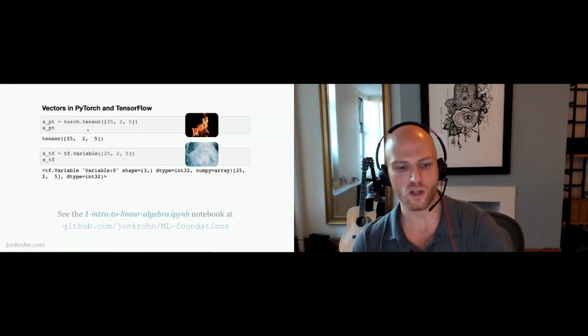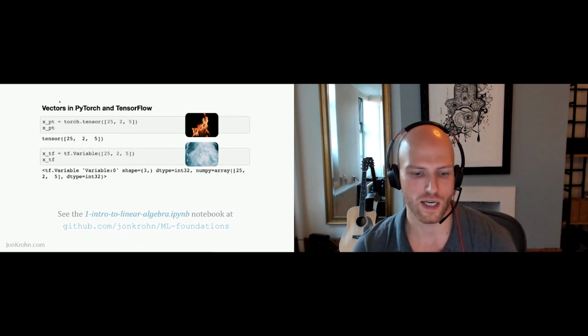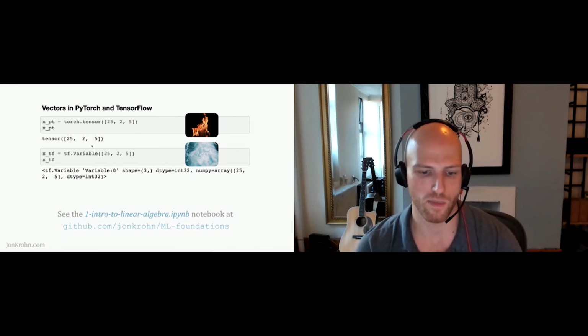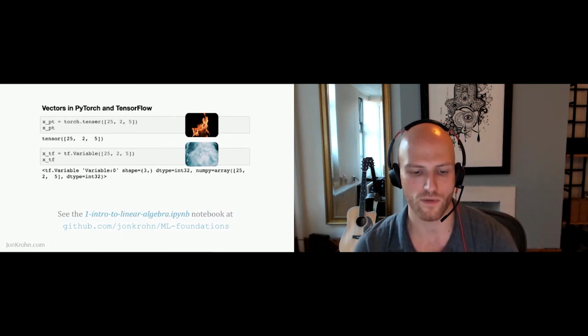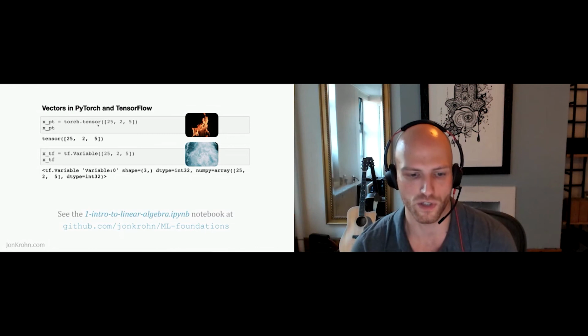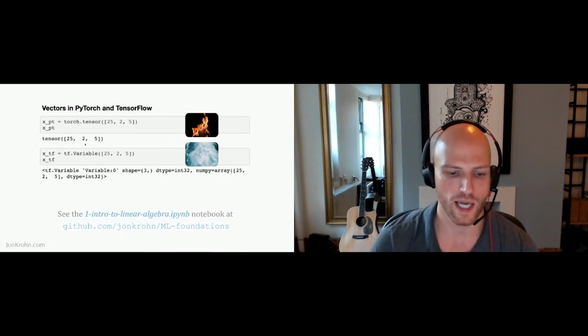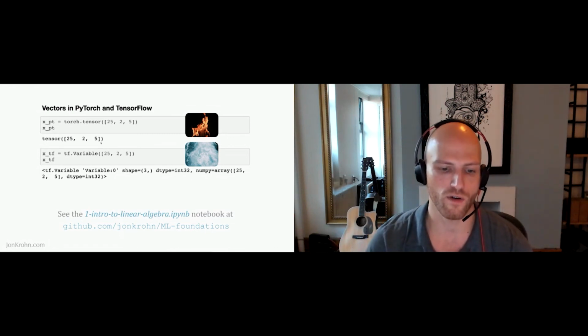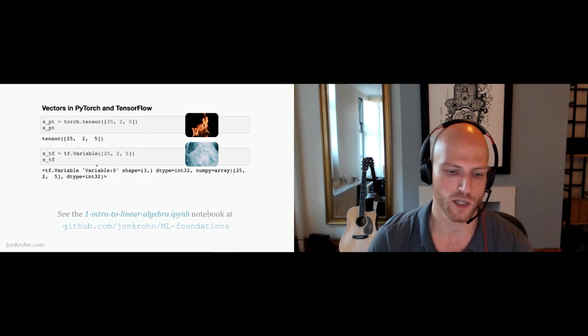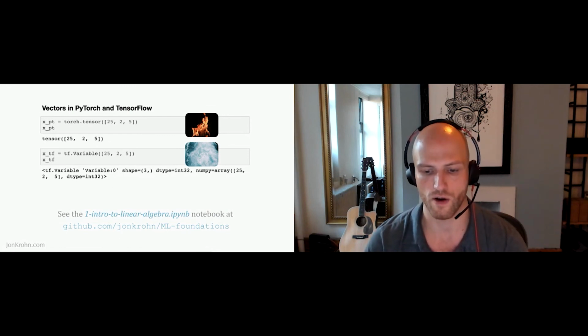So right from the get-go, you can see that even simple things like creating a tensor, in this case a vector tensor, a one-dimensional array of numbers, in PyTorch and TensorFlow is about the same level of difficulty, but looking at the outputs, you get a much cleaner NumPy-like output in PyTorch, whereas in TensorFlow, you get this very long output.